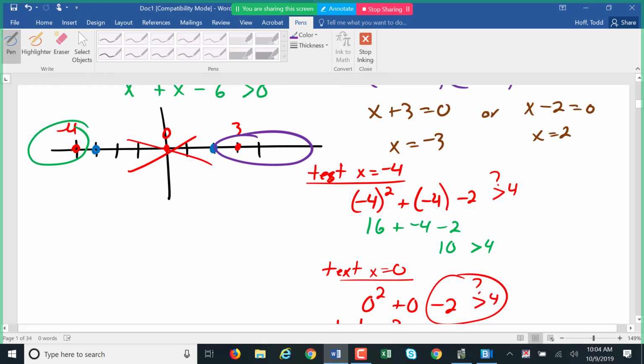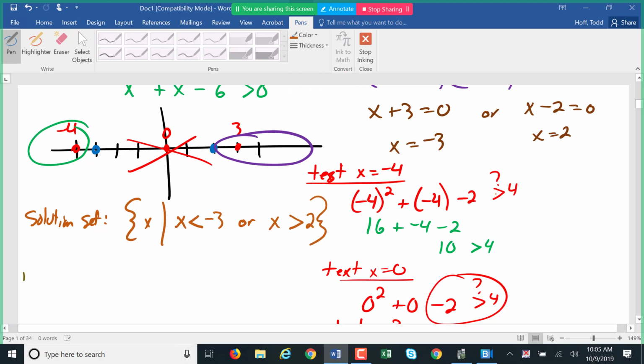So our solution set is all values of x such that x is, that was strictly greater than, so we'll go strictly less than negative 3, or x is strictly greater than 2.